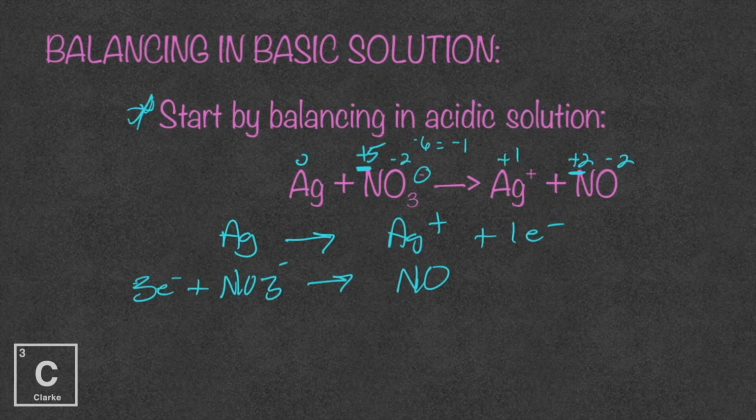Now let's balance for amount. 1 silver, no amount to change there. Nitrogen, 1 nitrogen, we're good. 3 oxygens, 1 oxygen. Well, I can't put a 3 there because then that's going to mess up my nitrogens. So I'm struggling to balance oxygen. Remember, this is in a solution. Water is the main component of a solution.